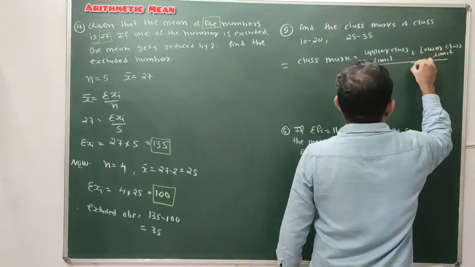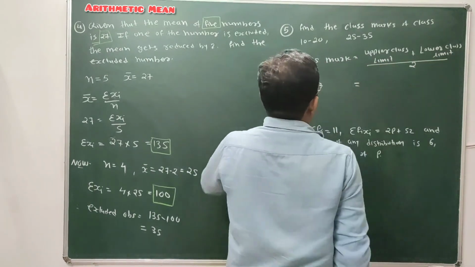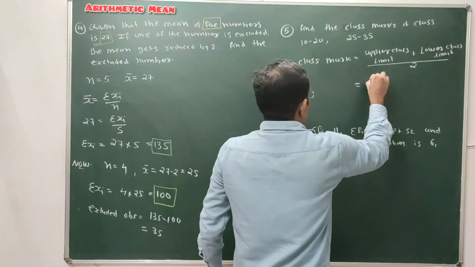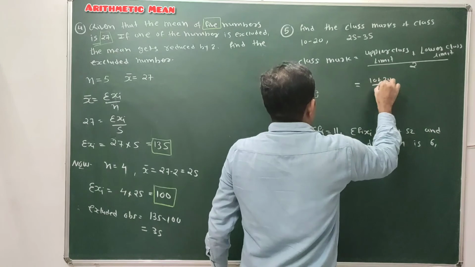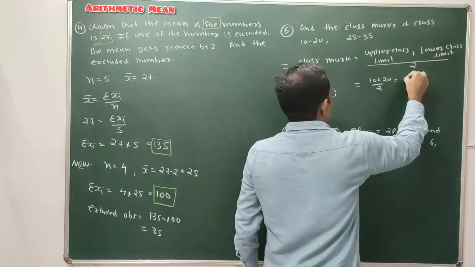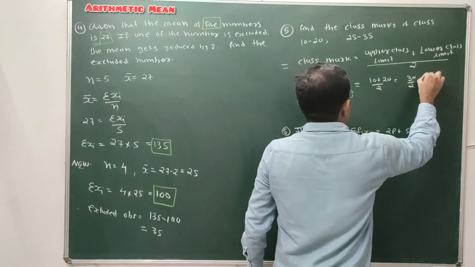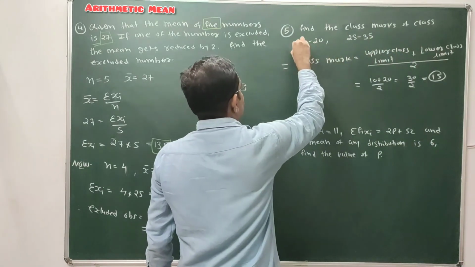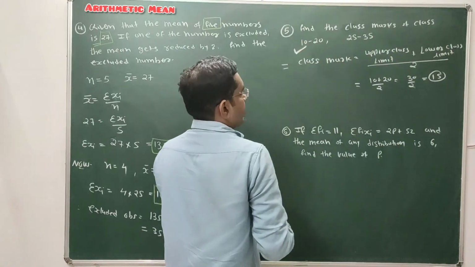So for this class, upper class limit 20, lower class limit 10. So 10 plus 20 by 2 equals 30 by 2 equals 15. So the class mark for this class is 15.